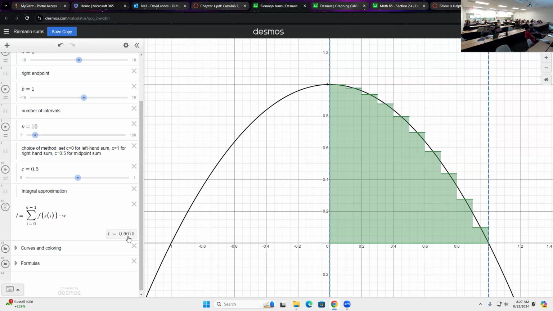What if we make the rectangles thin? Like n right here is giving us the number of rectangles. There's 10 rectangles. If I go to fewer rectangles, like 4, we can see what the area is looking like down here. But the more rectangles I do, the less bad space there is.